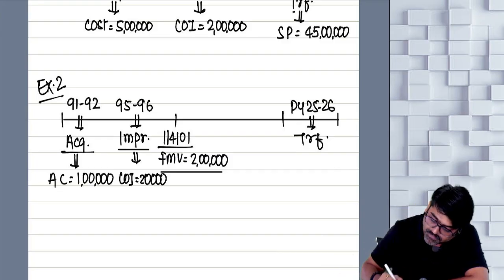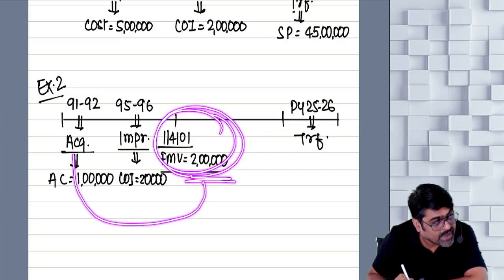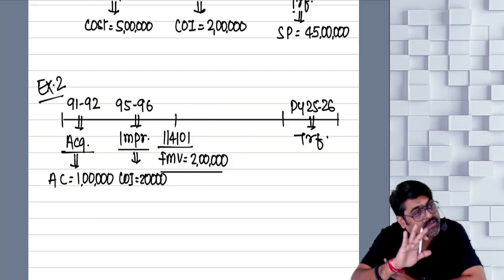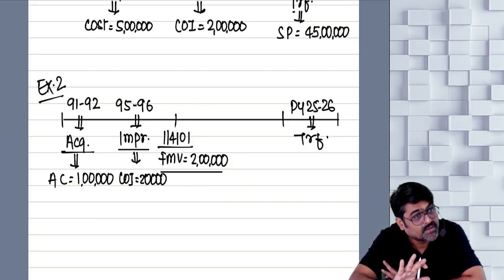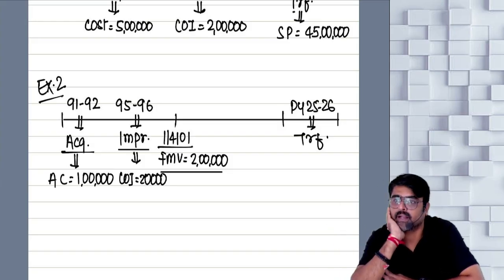And don't you think this fair market value will cover everything that happened prior to this date? Even the cost of improvements incurred prior to 1st April 2001 will be automatically taken care of by this fair market value.